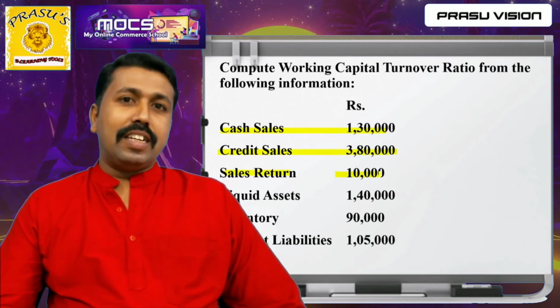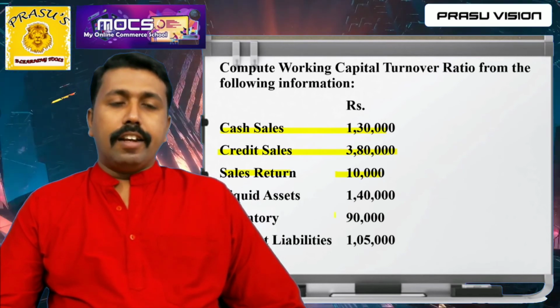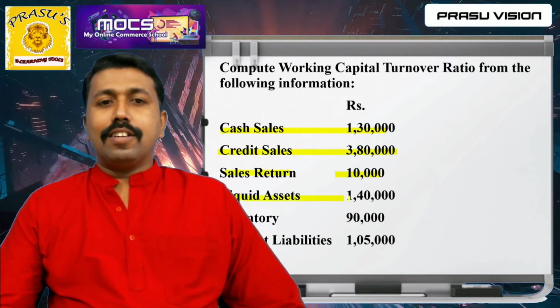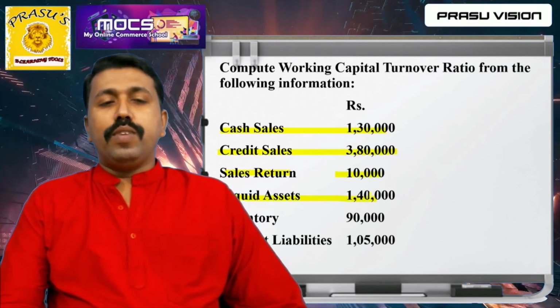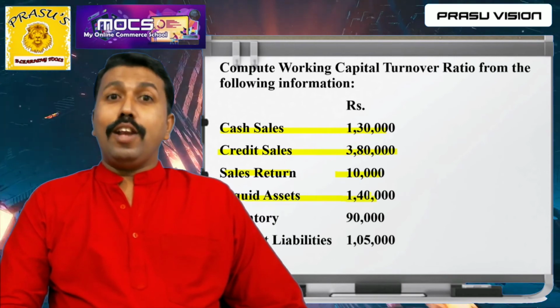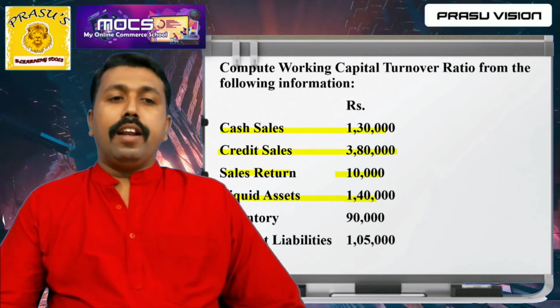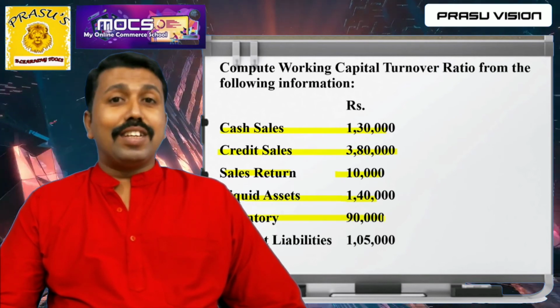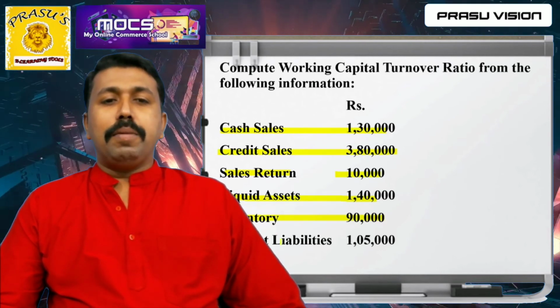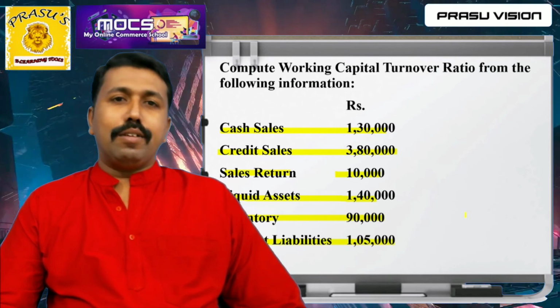Net revenue from operation. And the liquid asset is there. I think you are remembering, liquid asset means current asset minus inventory. So to find out the value of current asset, what do we have to do? Liquid asset plus inventory: 1,40,000 plus 90,000 is needed, and the current liability value is directly given as 1,05,000.